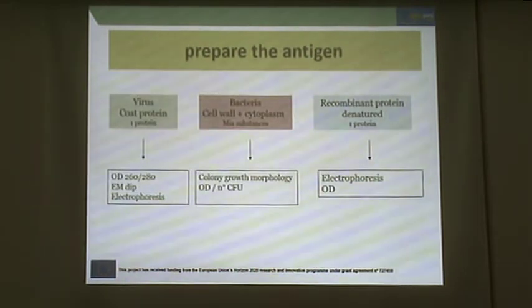Here is the way we assess the requirements of the antigen preparations. Here we are with bacteria. We simply express the amount and the purity altogether by the number of CFU or by OD.